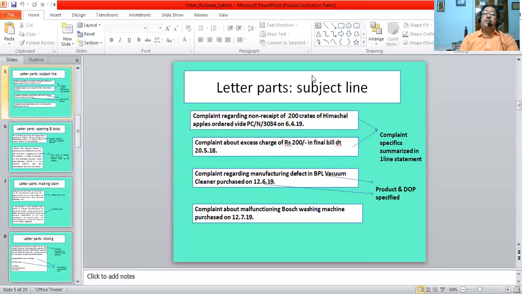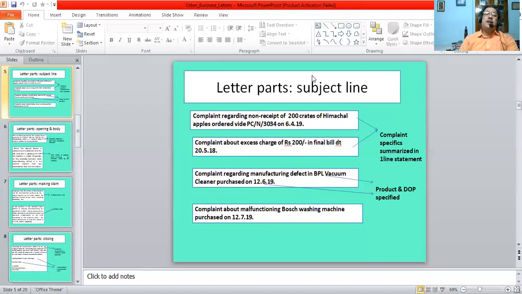So if we look at them, they're all written regarding various problems or complaints. The third one is about a manufacturing defect in a vacuum cleaner which has been purchased. And the last one is about a malfunctioning washing machine. So one is talking about manufacturing defect, other is talking about some product malfunction. Both are about machines which are not functioning properly.